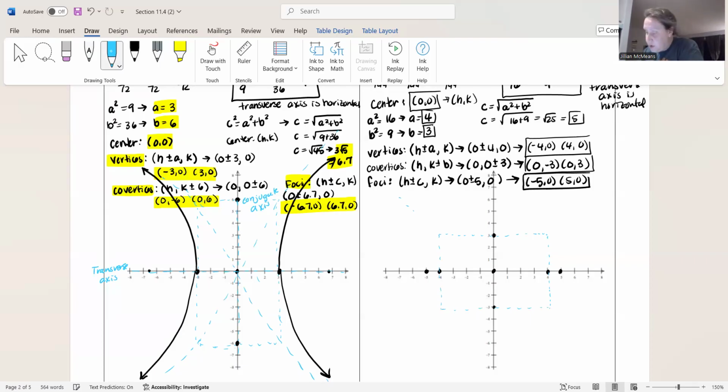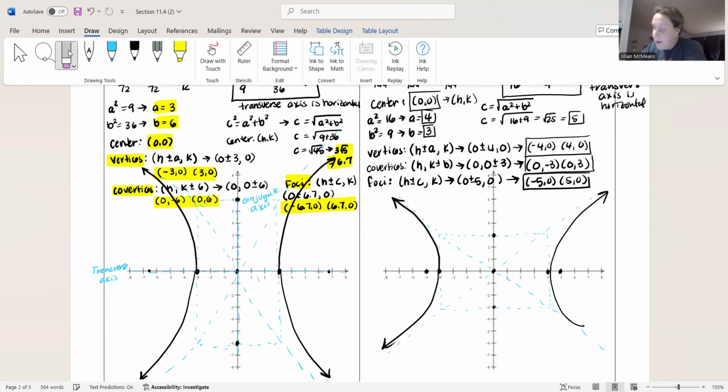So we're going to have asymptotes doing this and this, and now we can draw those curves. Whoopsie, that one got a little out of hand, y'all. And that's it. Yay. So you can go in and actually label the vertices and the foci, if you'd like to.